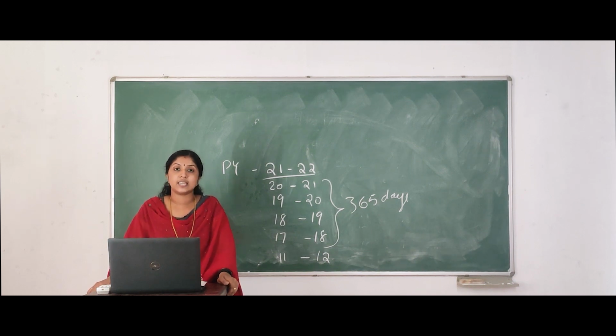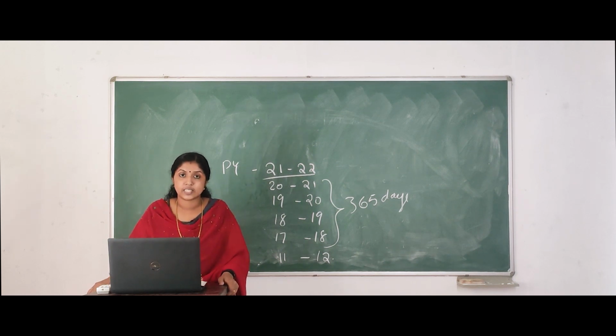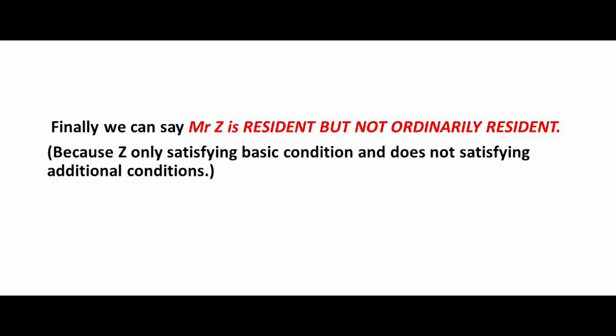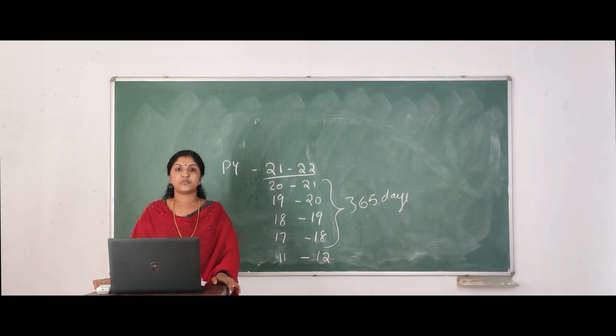So he satisfied the second additional condition. But he satisfied only one basic condition, so he is a resident. But he does not satisfy both the additional conditions. He only satisfied one additional condition. So we can say he is a resident but not ordinarily resident. This is the solution for our question.